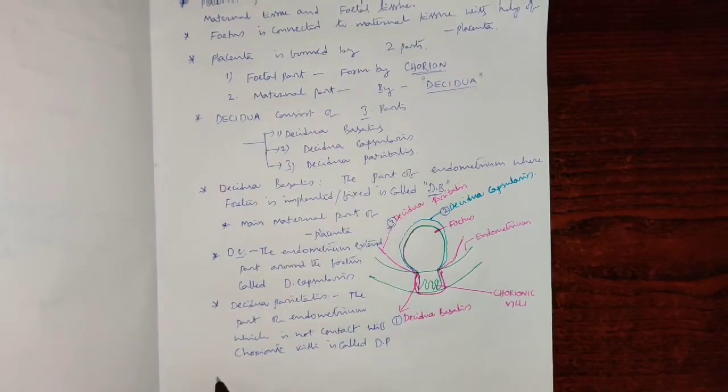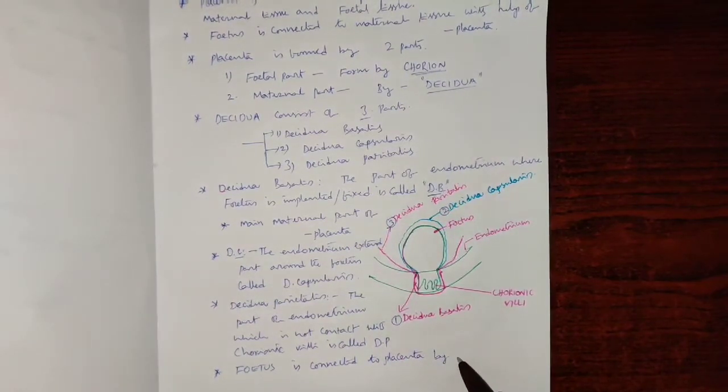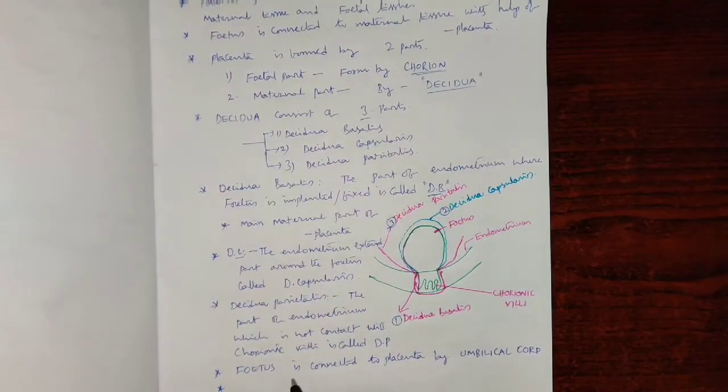Now, another important point: the fetus is connected to placenta by the umbilical cord. The umbilical cord is about 12 to 24 inches long.